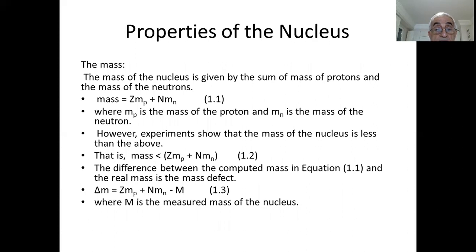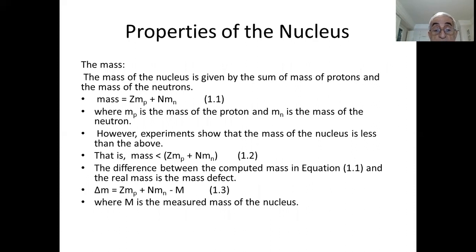Properties of the nucleus. The mass of the nucleus is given by the sum of the mass of protons and the mass of neutrons. So the mass of the nucleus is equal to Z Mp + N Mn, where Mp is the mass of the proton, Mn is the mass of the neutron, Z is the number of protons and N is the number of neutrons. However, experiments show that the mass of the nucleus is less than the total mass of the protons and neutrons together.